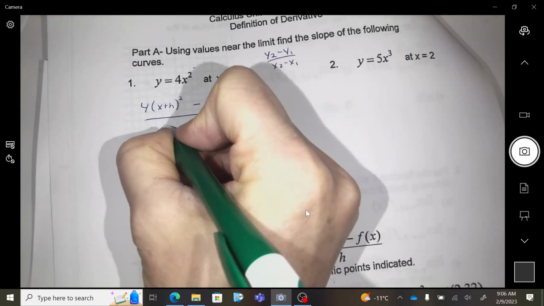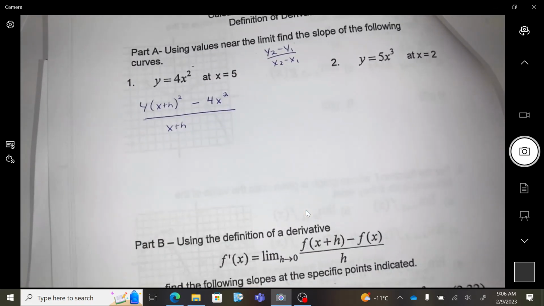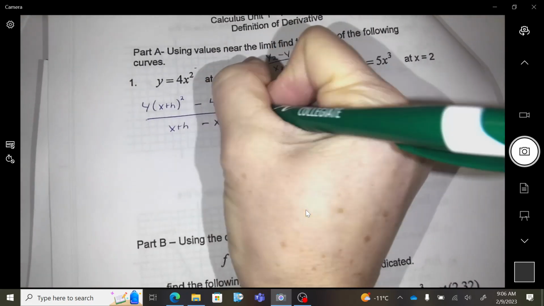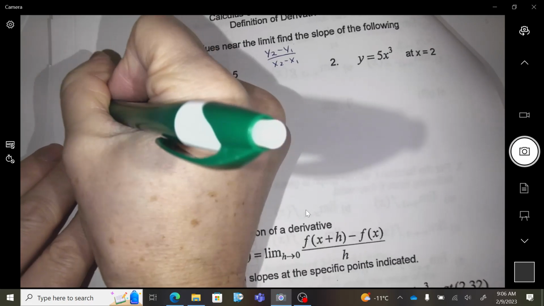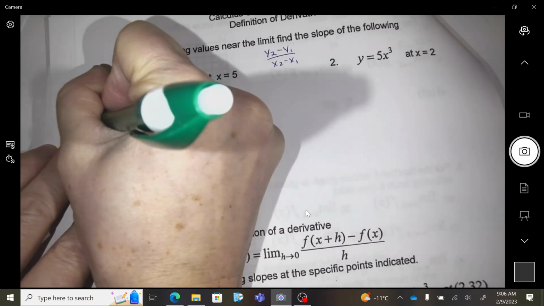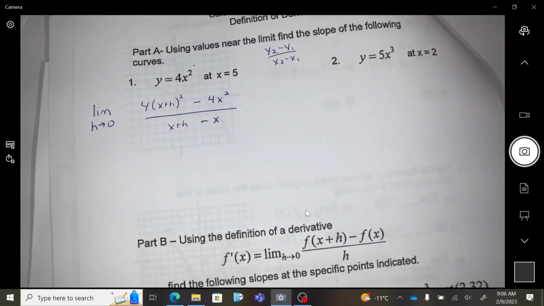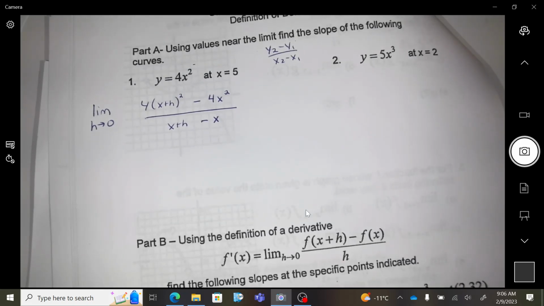And then your x2, again, is that x value that's a little bit away, minus your original x. And then the point of this is to say what's happening as that space between the x values gets to 0.